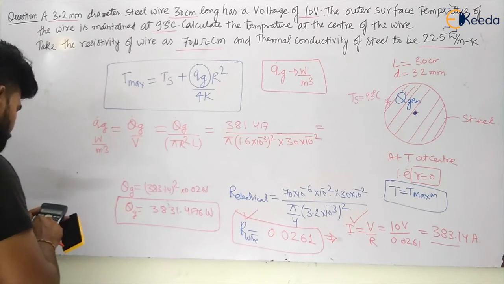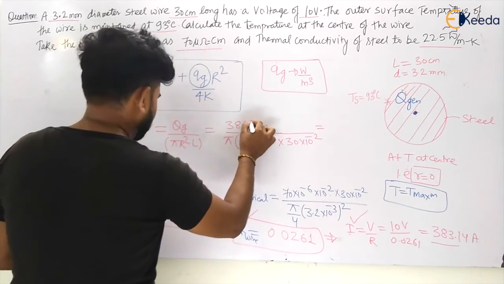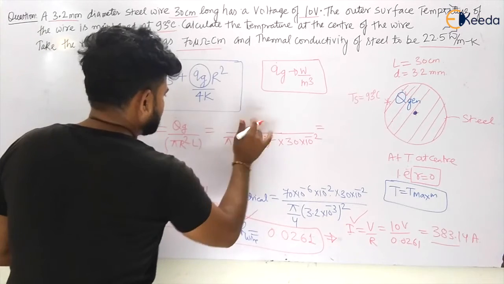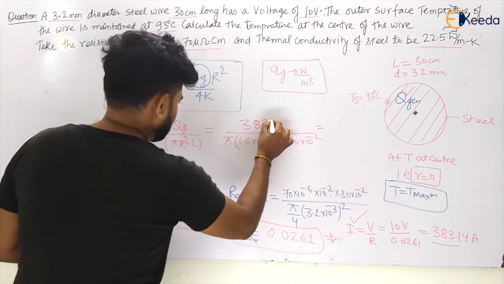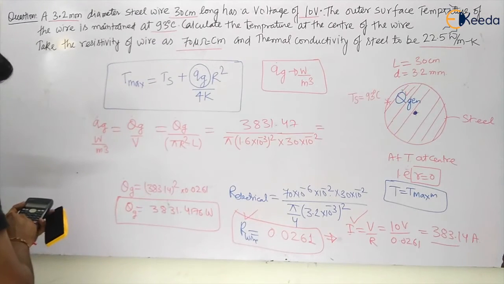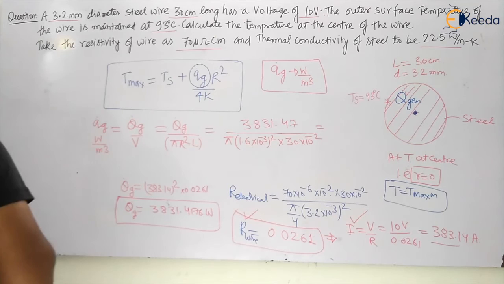Let us see what will be the value for this. So 383.1, my dear students, 0.41, 383 1.47 divided by this. So this will be how much? Let us see.